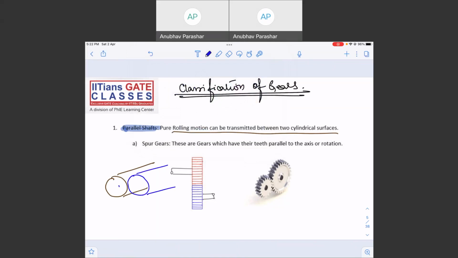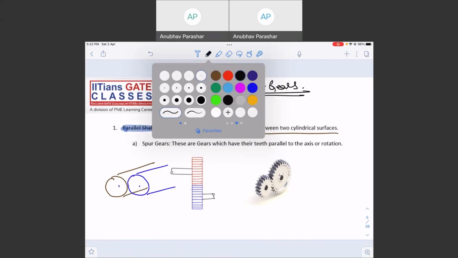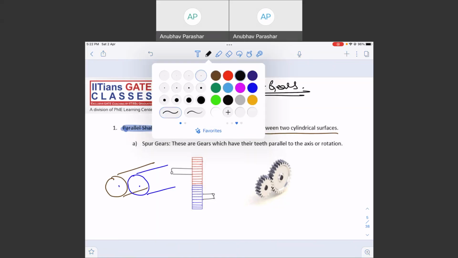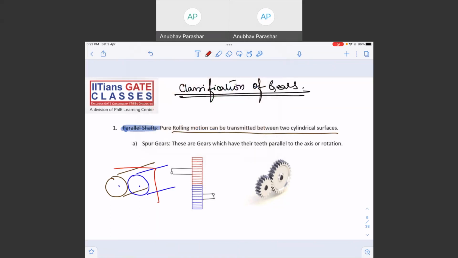What we need to do is, instead of the whole cylindrical surface, we'll take just a part of the cylinder, and what we'll do is make teeth.